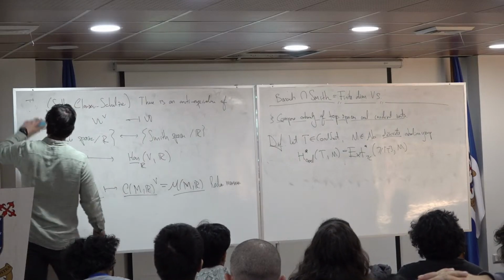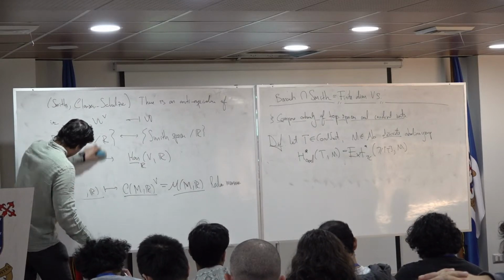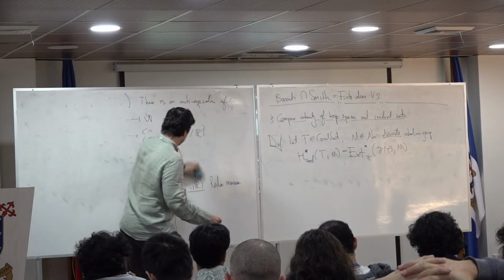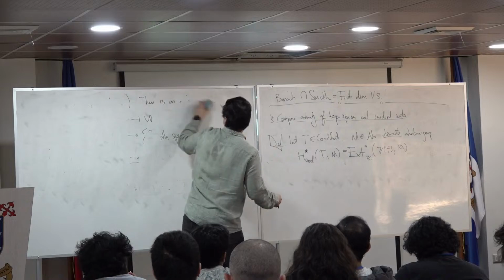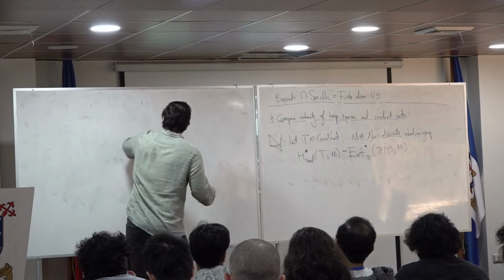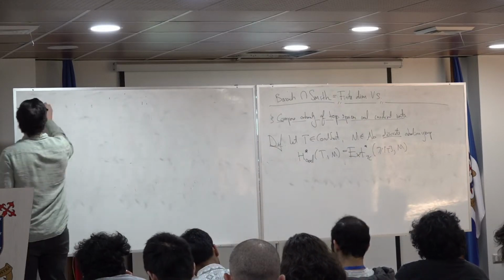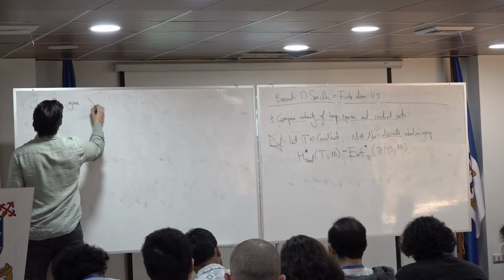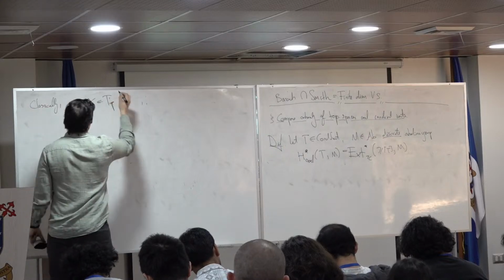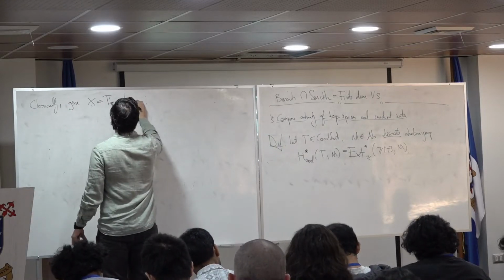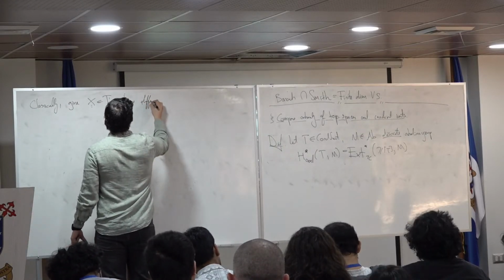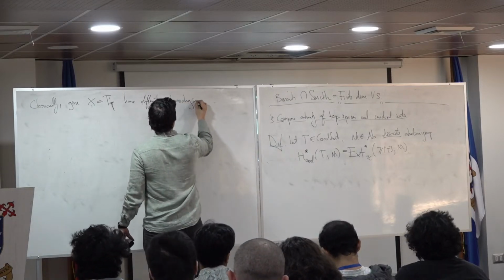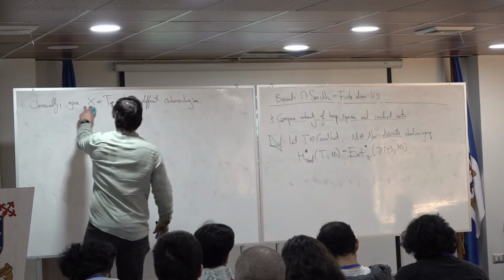So, well, classically, given X a topological space, you have different cohomologies. Again, just following what is written in the condensed notes.